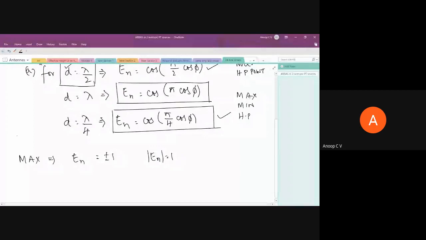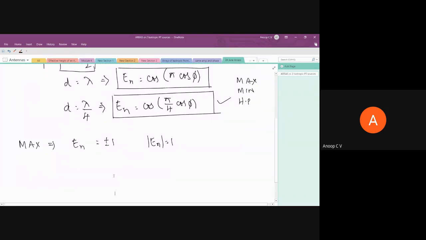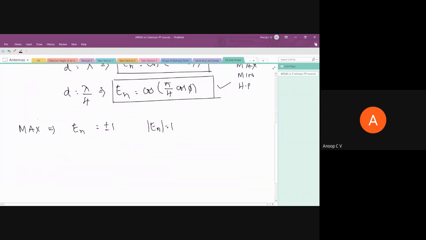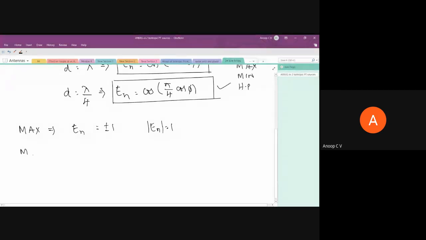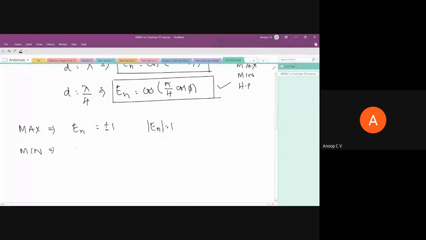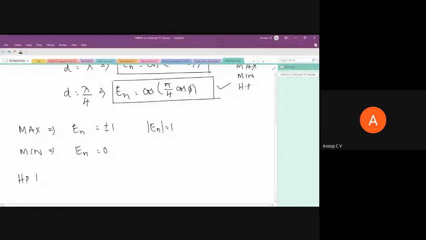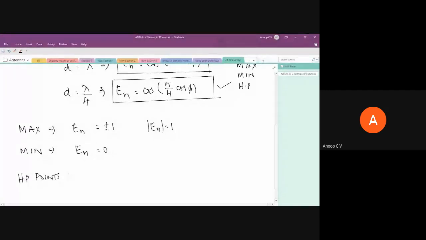So the phi value corresponding to En plus or minus 1 will give you the direction of maxima. If you have to find the direction of minima, you have to equate En is equal to 0. And to find half power points, you have to equate En to be equal to 1 by root 2.